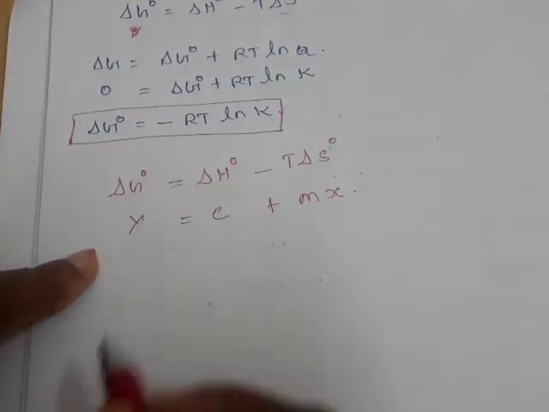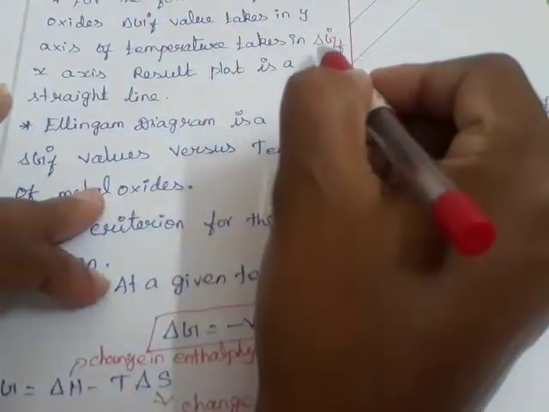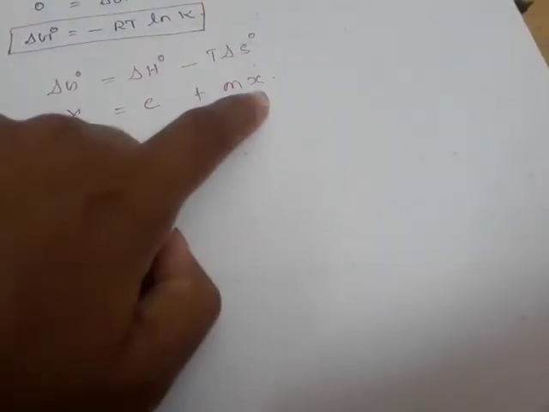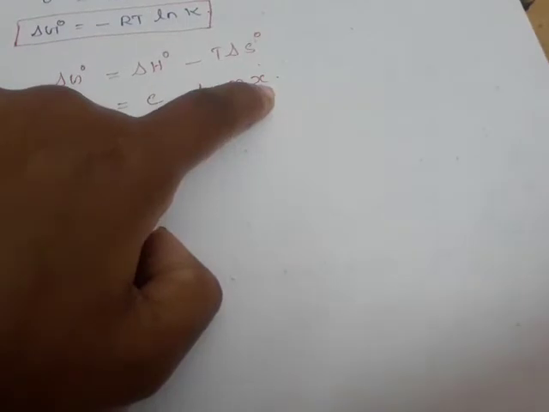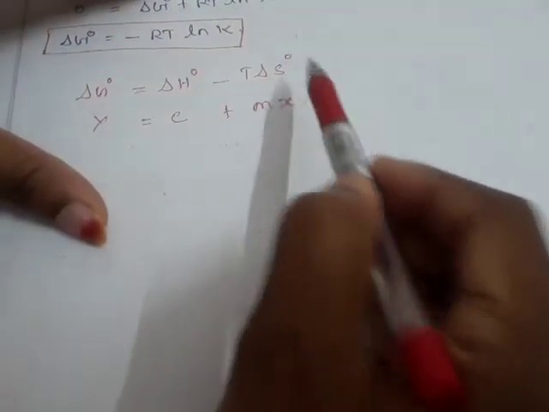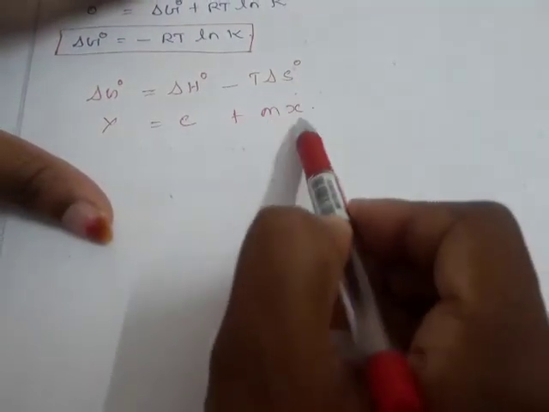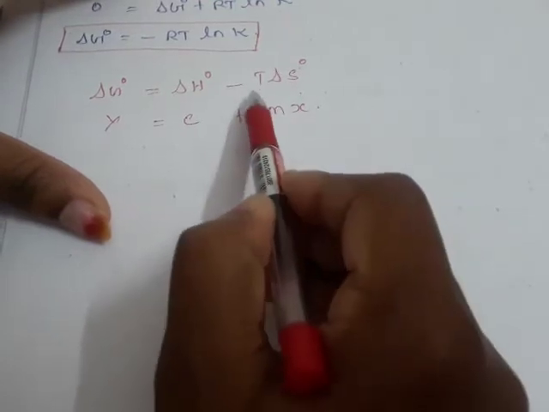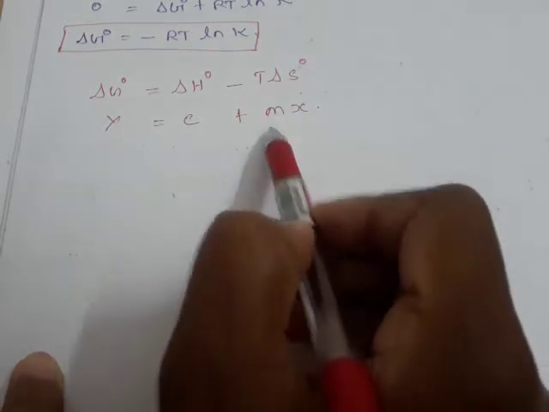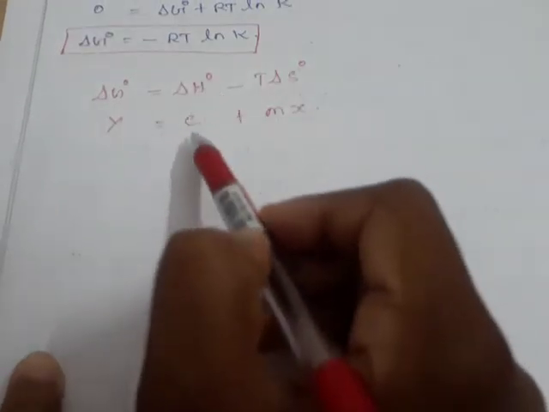In the graph, the del G value is taken as y, and x is the temperature. So T is the m, del S is the m, and del H is the c.